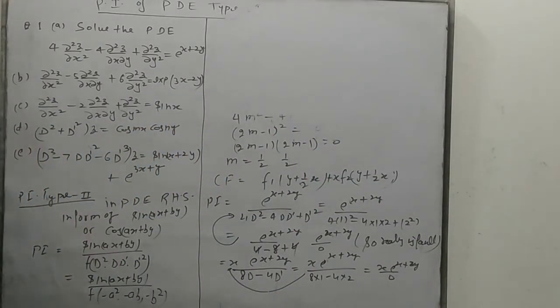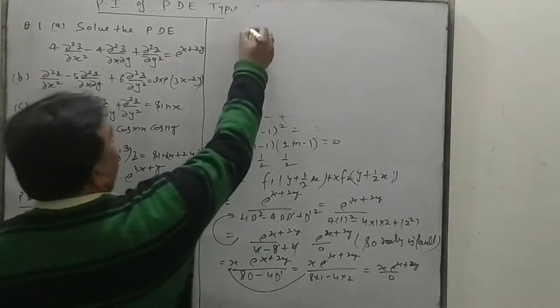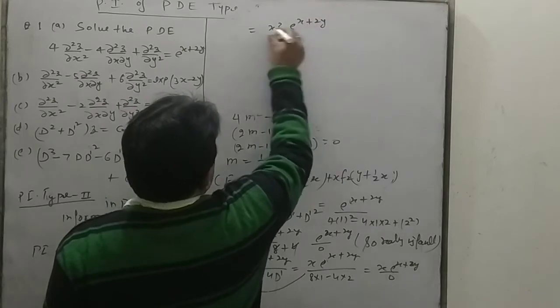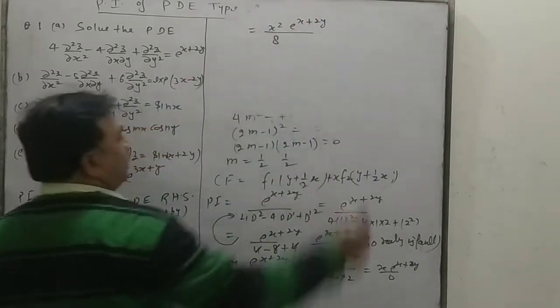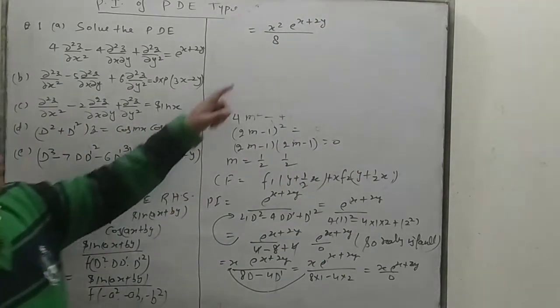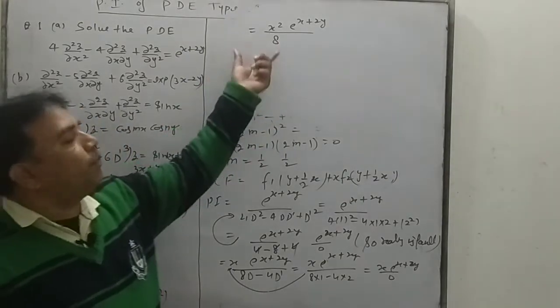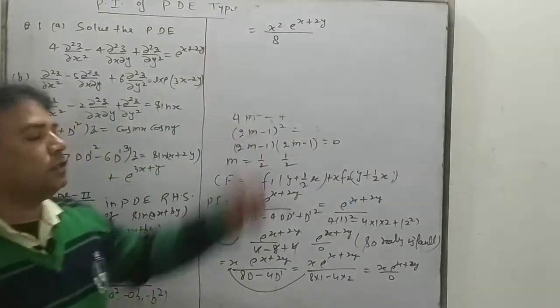Again differentiating with respect to d, multiply this x square e to the power x plus 2y upon 8. Eliminate d in the denominator, so this is the PI of the partial differential equation.